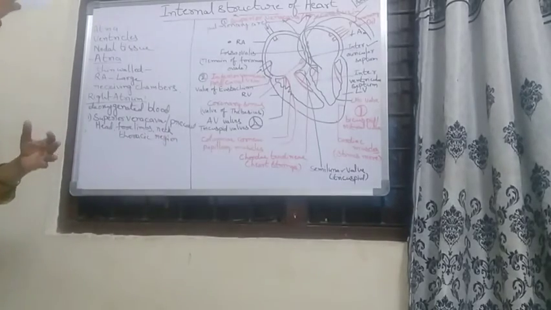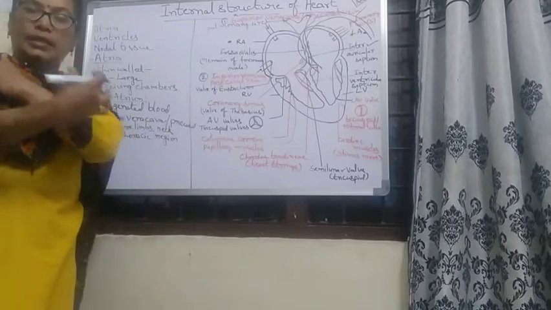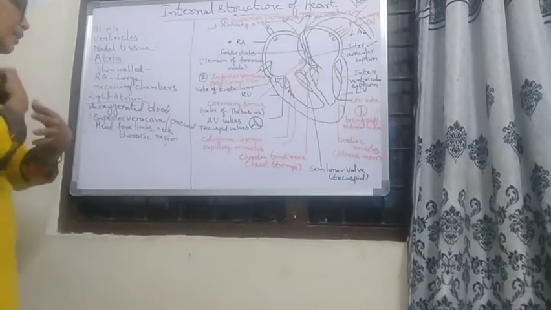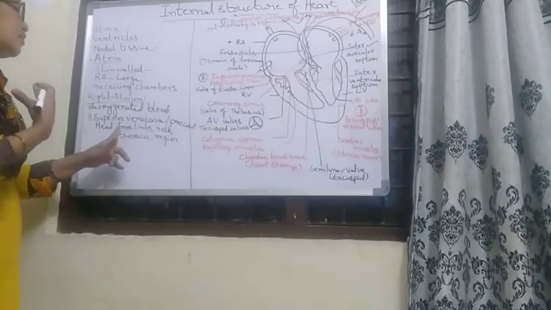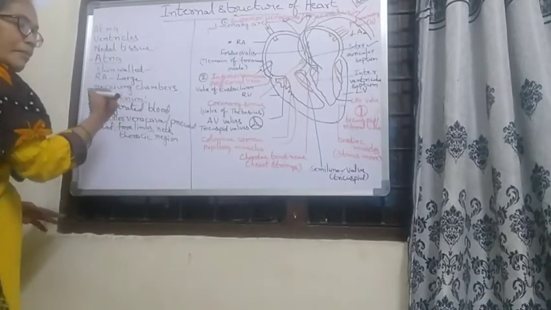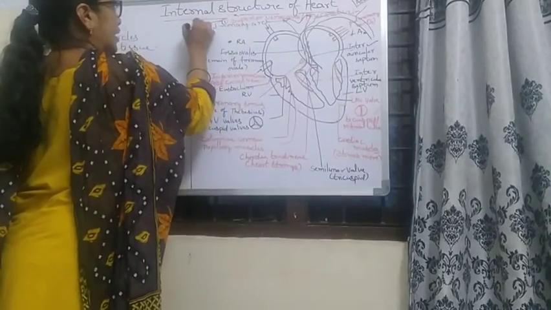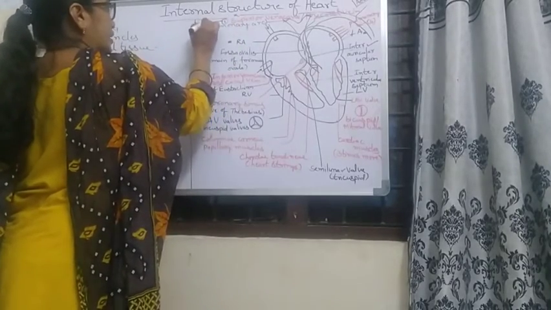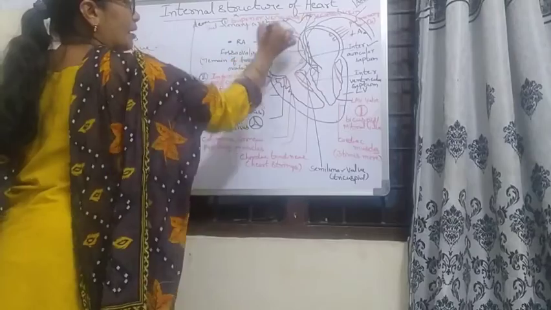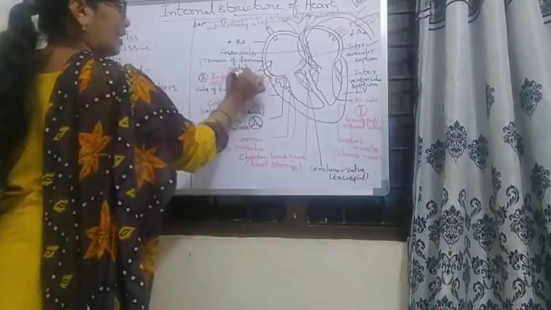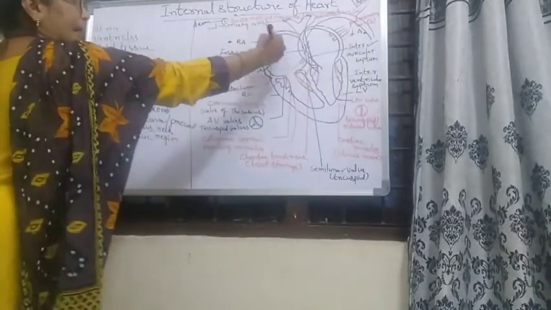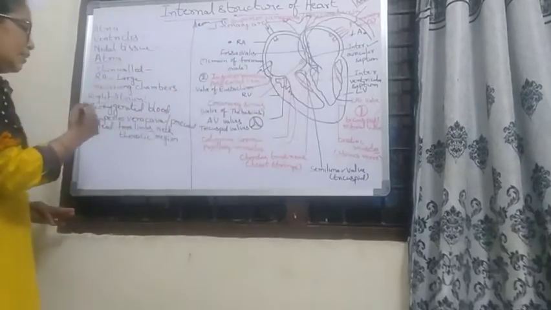That means it carries deoxygenated blood. The superior vena cava and inferior vena cava bring deoxygenated blood to the right atrium.